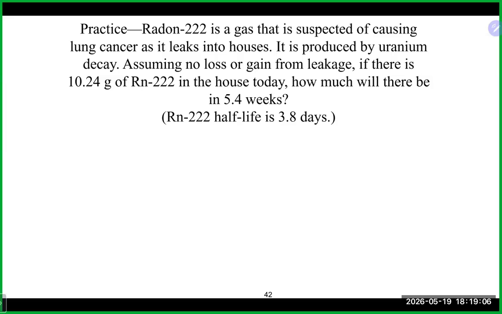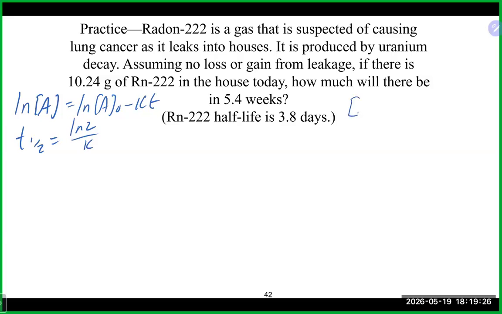All right, so let's take a look. The good news is you don't have to really think about which equations to use because there's only two that go with these. So again, we'll look at our first order kinetics equations. In this case, we have our initial, which is 10.24 grams.